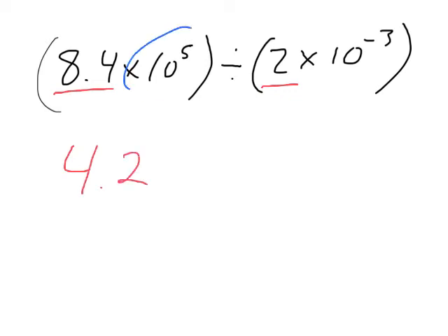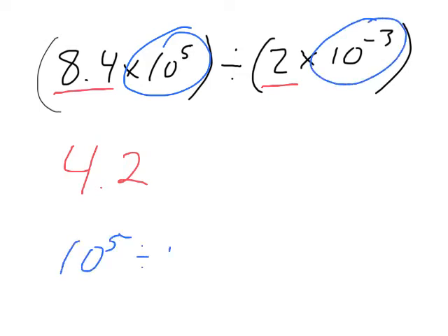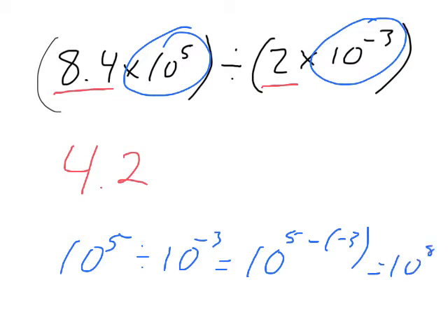Now I can deal with my powers of 10. I have 10 to the 5th being divided by 10 to the negative 3rd. In my mind, I remember that that's going to be 10 to the 5th minus negative 3, or 10 to the 8th. When I'm subtracting a negative, I have to remember that it's like I'm adding a positive.